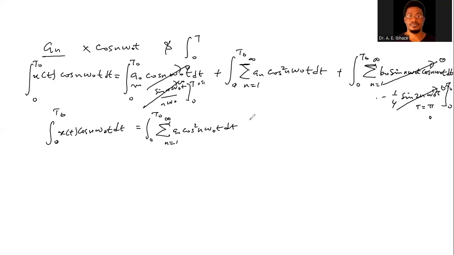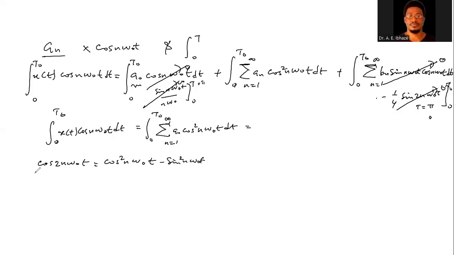Now, you already know the trigonometric process. We have the identities, which we showed in our last class. So you know that cos 2n omega naught t is the same as cos squared n omega naught t minus sine squared n omega naught t. So let's change the color for this.